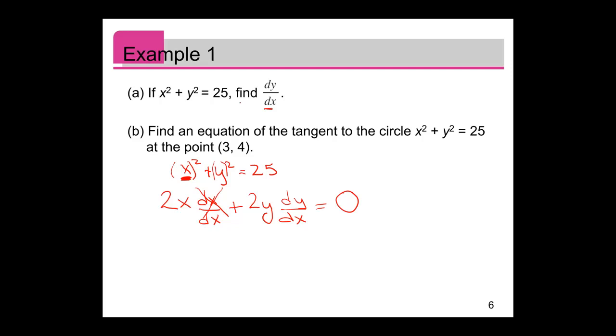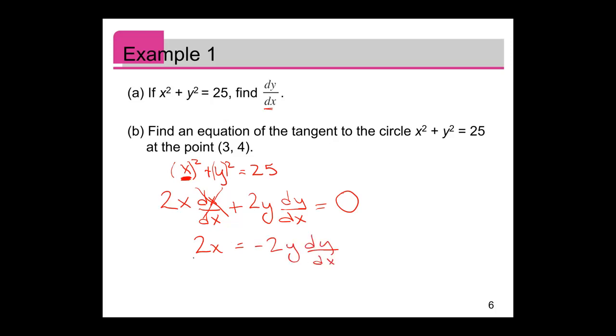Okay, so now I want to solve for dy dx. So I end up with 2x plus, actually, I'm going to subtract the 2y dy dx from both sides. So I get 2x equals negative 2y dy dx.